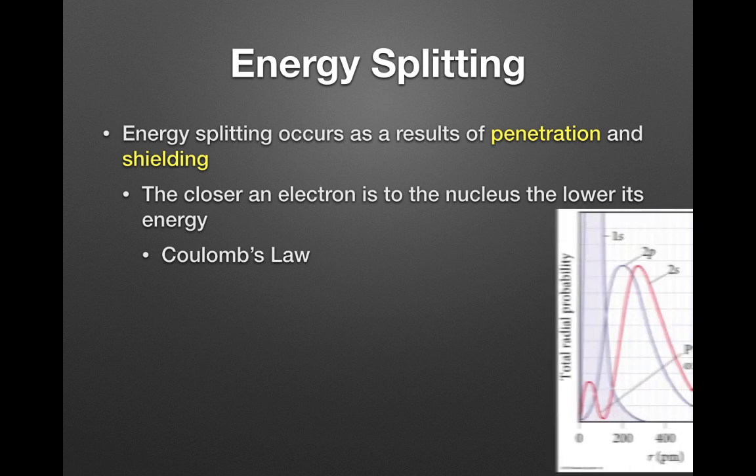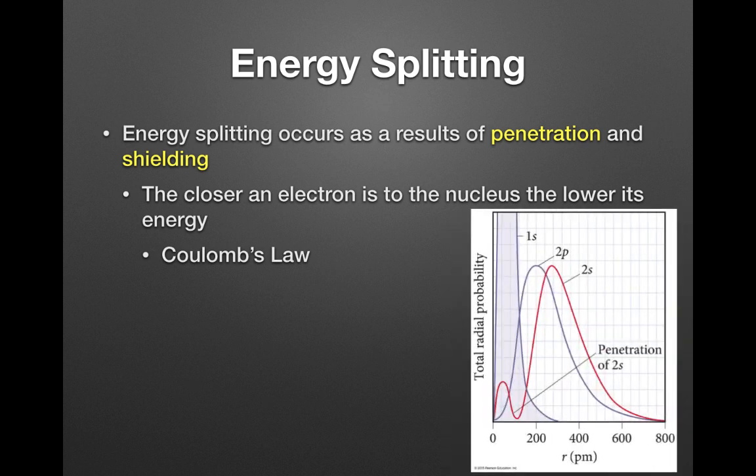Now, as far as penetration, if we look at these different nodes that we saw in the previous lecture, we see that the 1s here is closest to the nucleus, has the highest density closest to the nucleus, so it's going to be lowest in energy. But why does the 2p have a higher energy than the 2s? Well, it has to do with the penetration of the 2s.